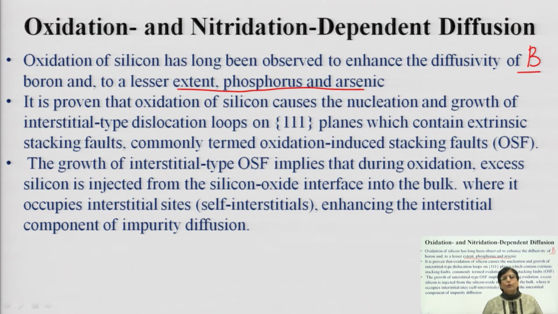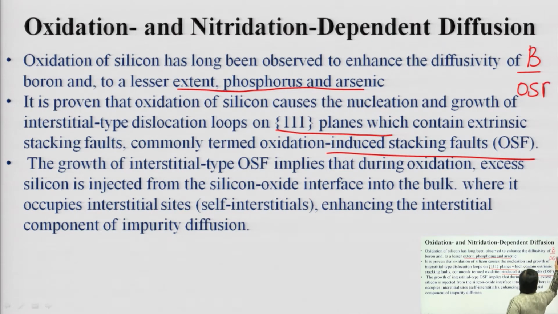It is also proven that the oxidation of silicon causes the nucleation and growth of interstitial type dislocations, especially along the 111 plane, and along these planes you will have something known as oxide induced stacking faults, or OSF.